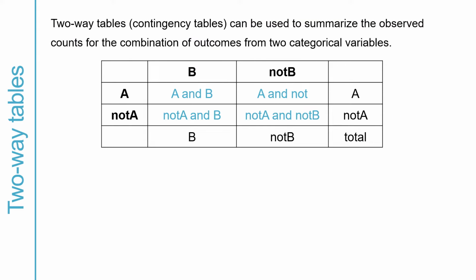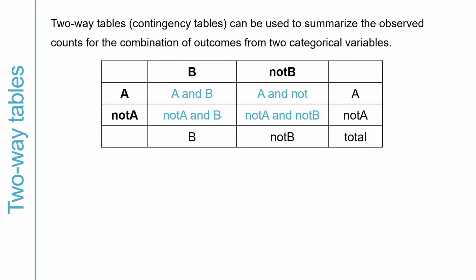One way to summarize the association between two categorical variables is to represent the findings in a two-way table that uses the rows for all the outcomes of the first variable and the columns for all the outcomes that make up the second variable. And then inside the cells of that two-way table, we can have the counts of individuals that have the two related features.